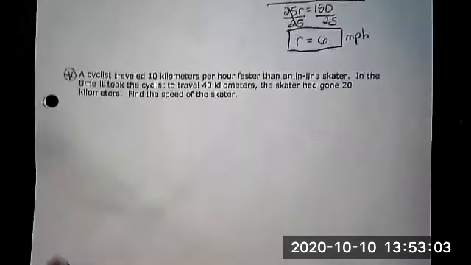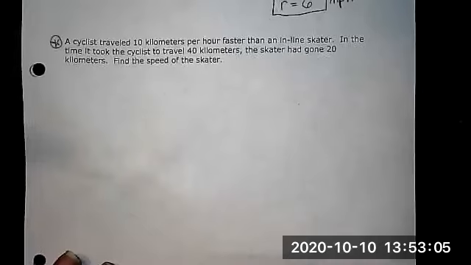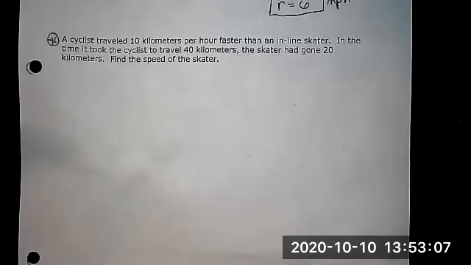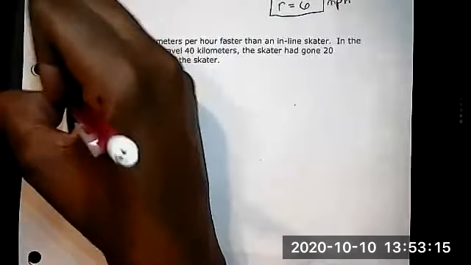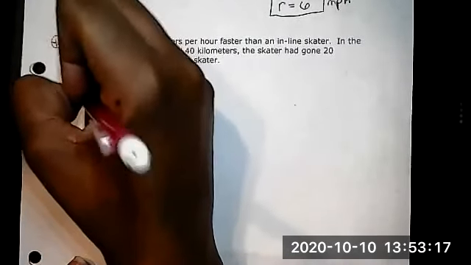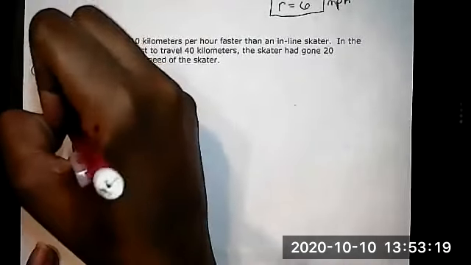All right, let's look at this one. A cyclist traveled 10 kilometers per hour faster than an inline skater. Okay, so we have a cyclist and then a skater.